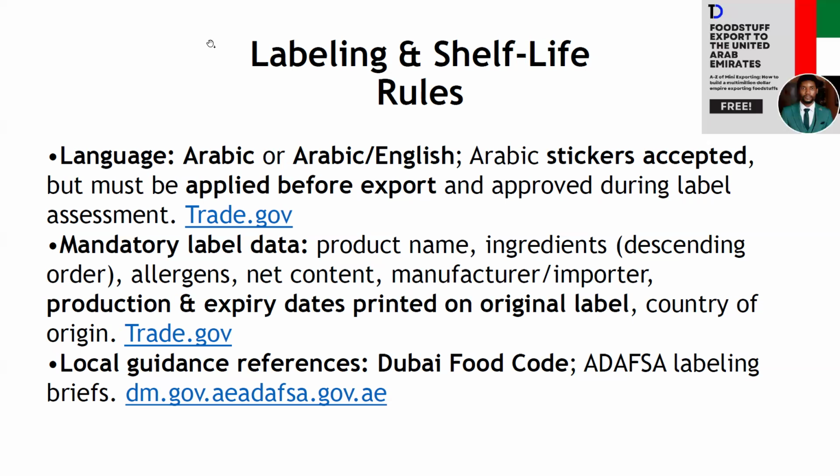So you have to write that out. And if that product has any allergens that people could be allergic to, you have to also write that on your label. You need the net content, like the weight of the product. And you also need the manufacturer detail and the importer detail.